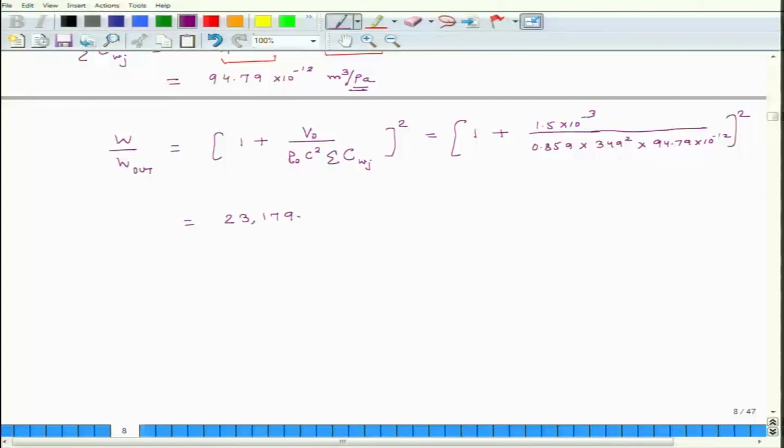So, insertion loss is 10 log 10 of 23,179, and that is 43.7 decibels.